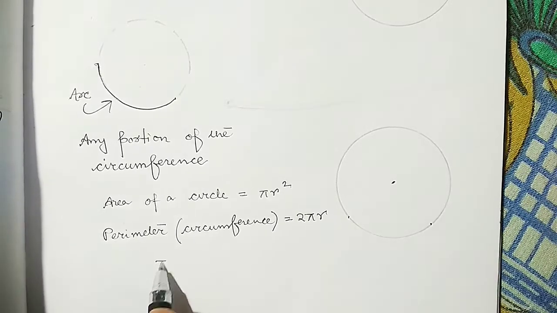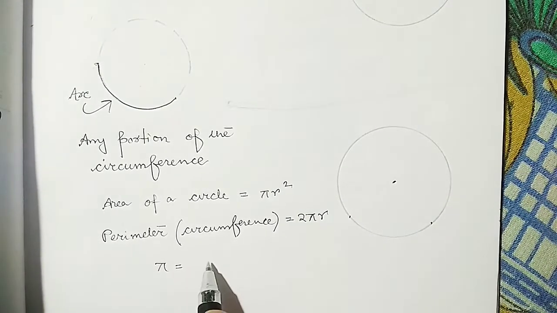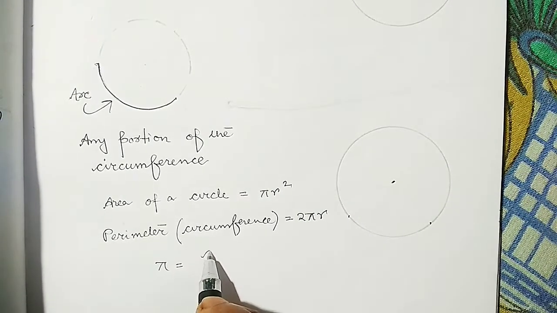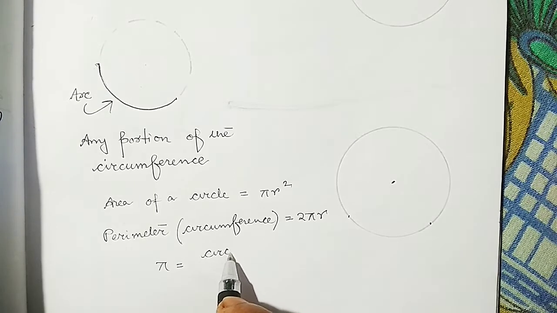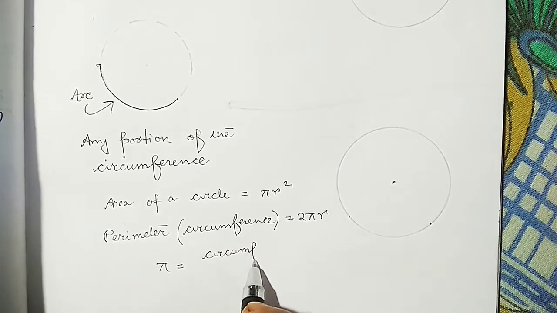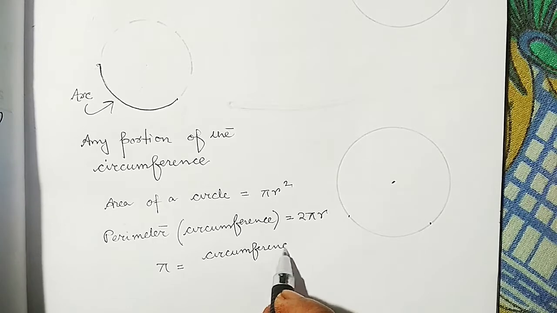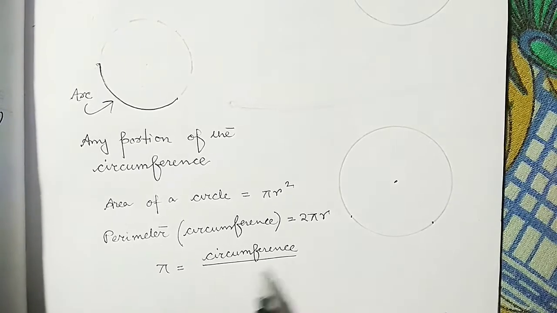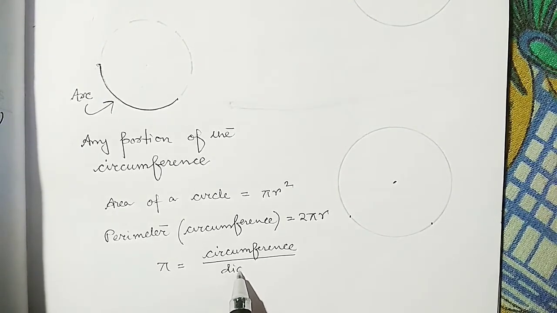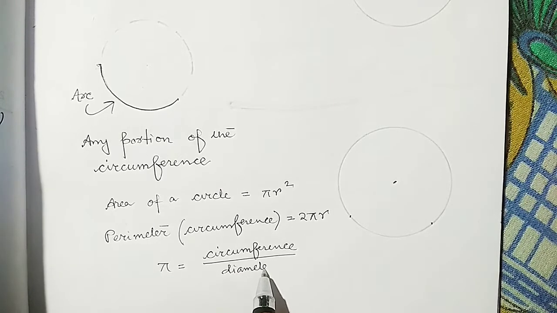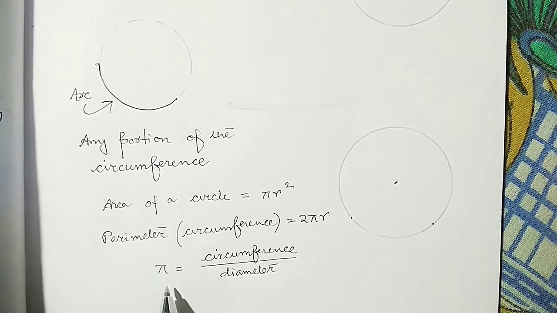Now, what is pi? It is a constant which can be obtained by dividing the circumference of a circle by the diameter of the circle; then we always get a constant number that is called pi.